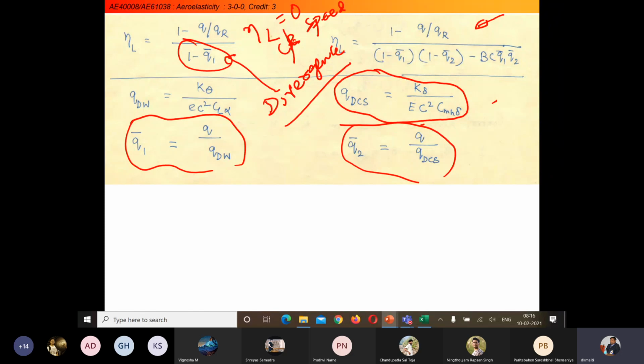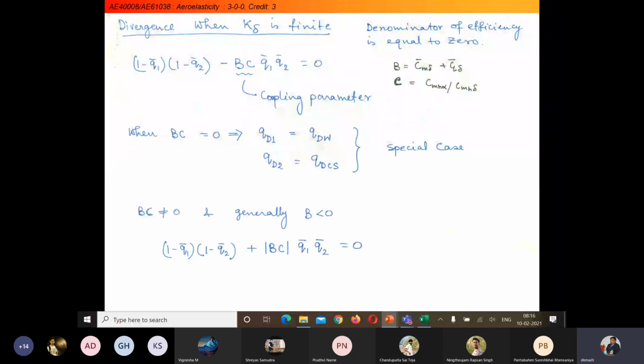Now let us come to the calculation. When K delta is finite, the divergence speed will be obtained when the denominator is equal to 0. From the expression, that is 1 minus Q1 bar multiplied by 1 minus Q2 bar minus BC Q1 bar Q2 bar equal to 0.